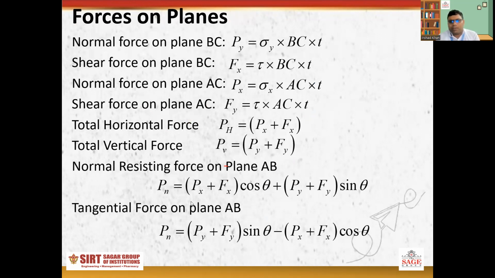You can say the equilibrium of force concept we can apply here. So normal resisting force which is acting, P n is Px plus Fx cos theta plus Py plus Fy sin theta, and tangential force or shear force component you can say Pt. Sorry, this should be Pt.